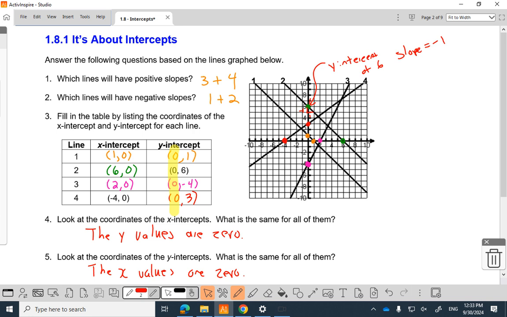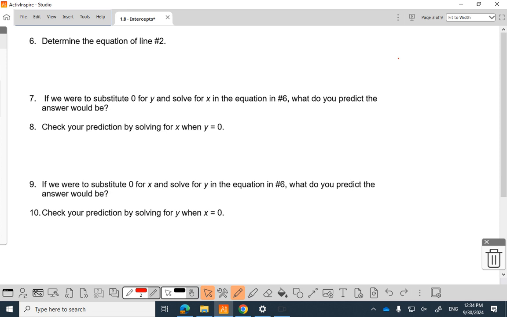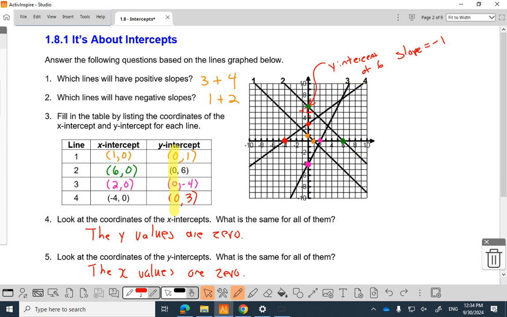Is that enough info for someone to tell me the equation of the line? If the y-intercept is 6 and the slope is -1, what does the equation of a line normally look like?